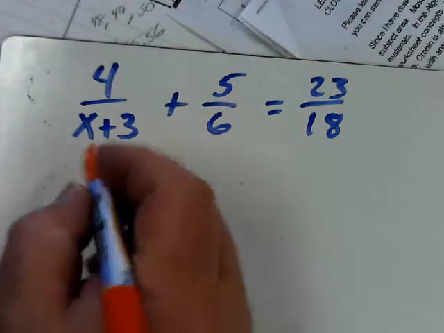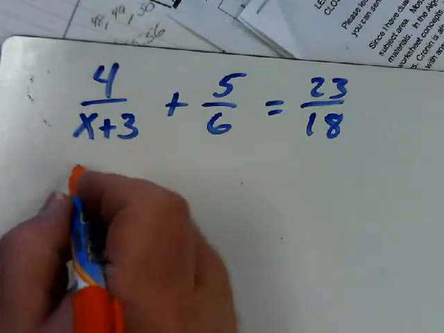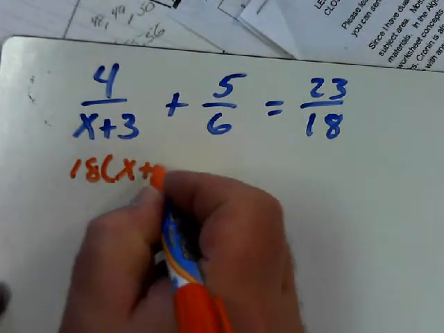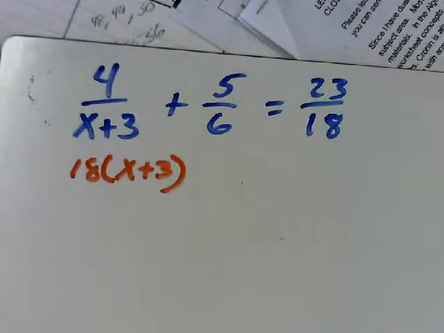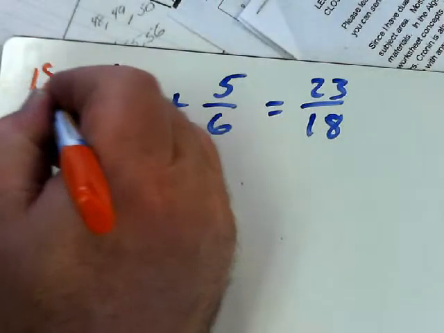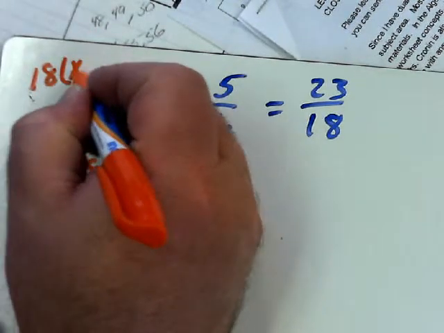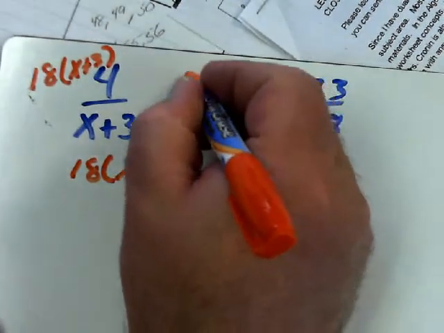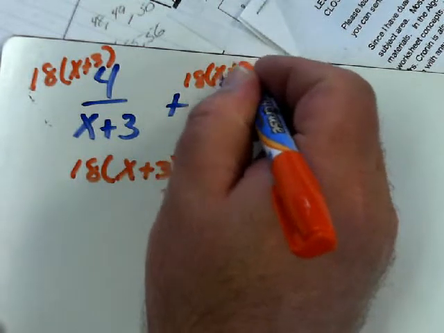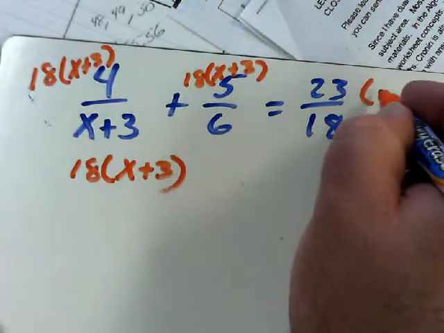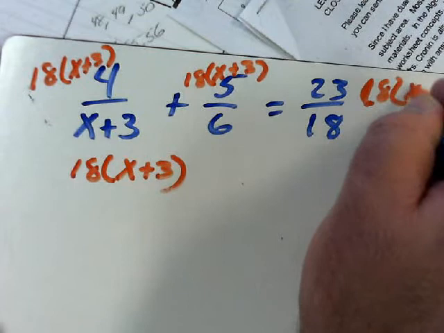Common denominator for all of these would be 18 times x plus 3. We've just spent 5 days going over how to find common denominators and common multiples. So I need to multiply this term by 18 times x plus 3, this term by 18 times x plus 3, this term by 18 times x plus 3.